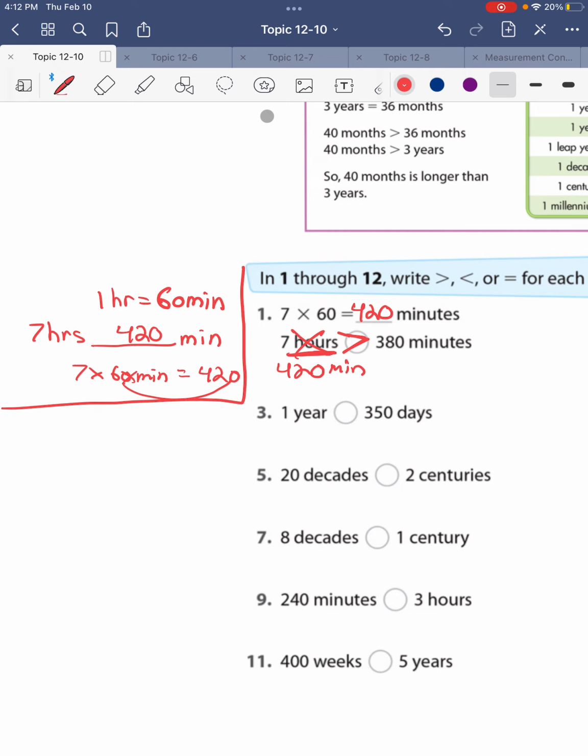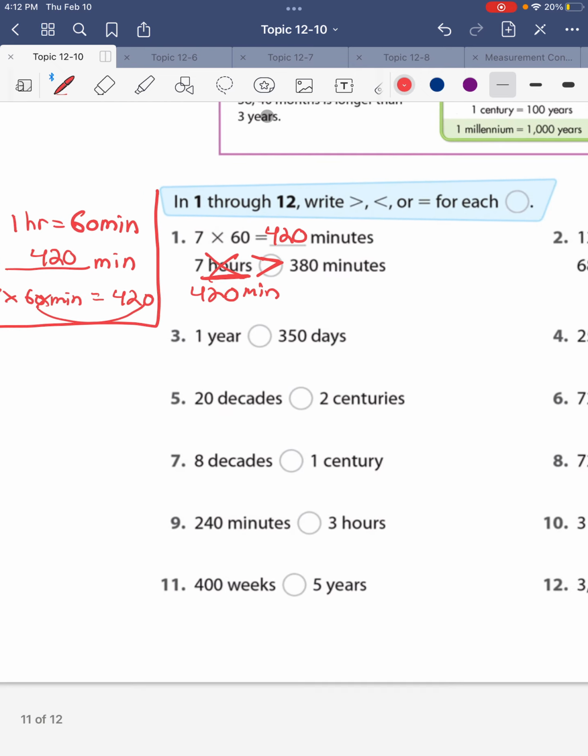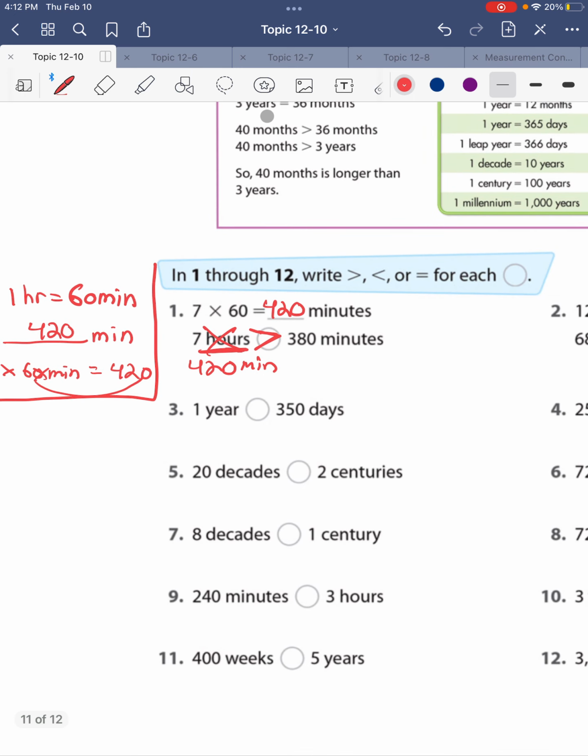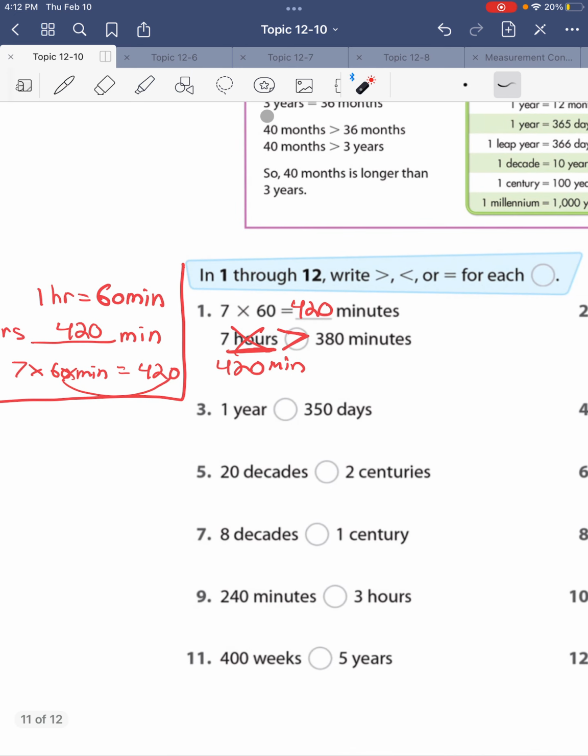Now I'm going to do number 3. They're not helping me and not saying what I have to do, so I'm going to figure this out. I have 1 year and 350 days. Remember, it's best if you convert the biggest one, which is year.